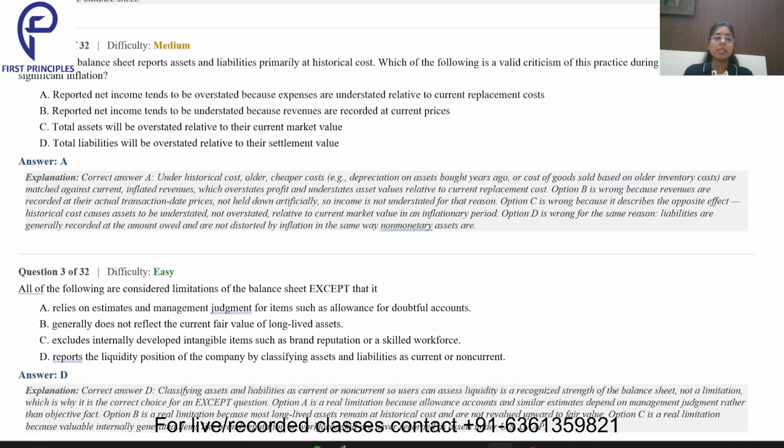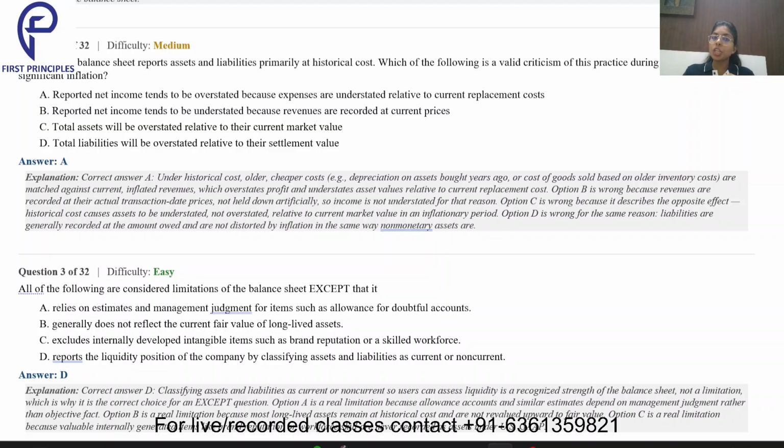I'll take a very basic example to confirm whether this is the correct answer. Suppose I purchased a machinery 5 years ago at 10,000, but today the replacement cost of that machinery is 30,000, and I am charging depreciation on the lower, historical cost of 10,000.